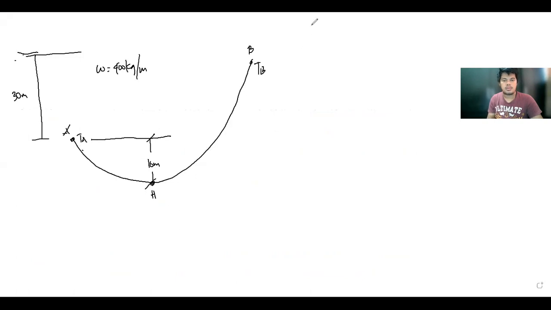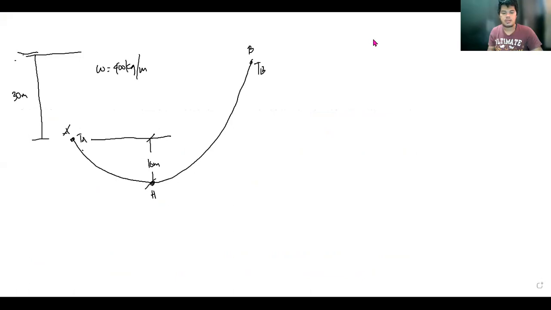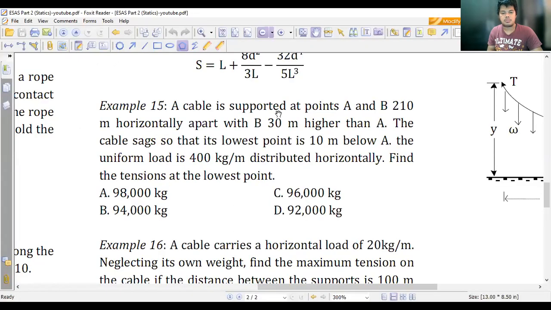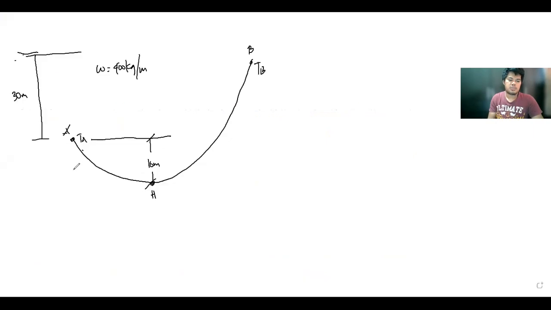Okay, and another information that we need to know is the cable is supported at points A and B, 200 meters horizontally apart. So that means the distance from A to B is 210 meters.